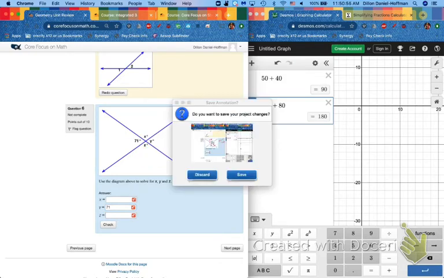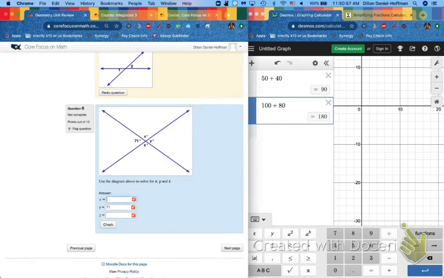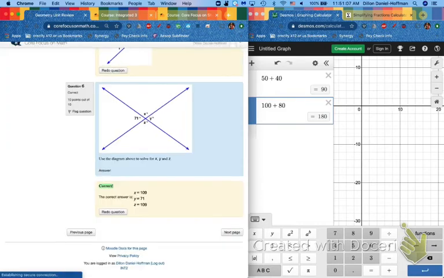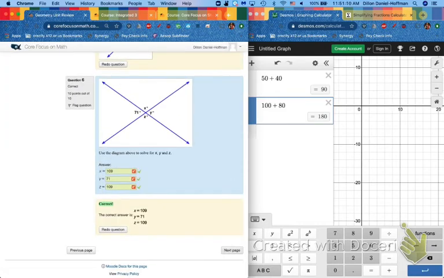All right. So we've got 109 and 109. So x and z will match. They'll just be 180 minus y, which will match with the only angle you have in your picture.